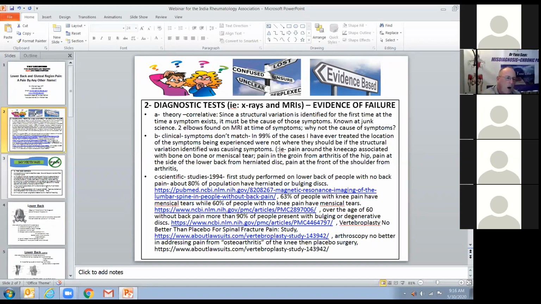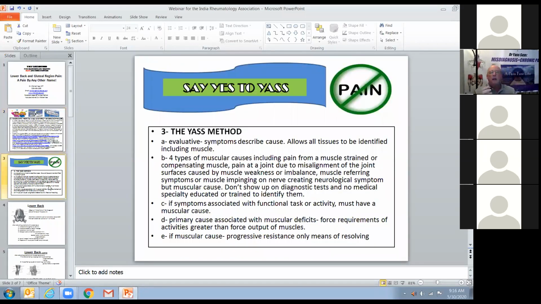So then I went on and I started my path into trying to establish, well, is there an actual way of interpreting what the cause is, what the structure is that's in distress eliciting the symptoms? And that's how I developed this method.